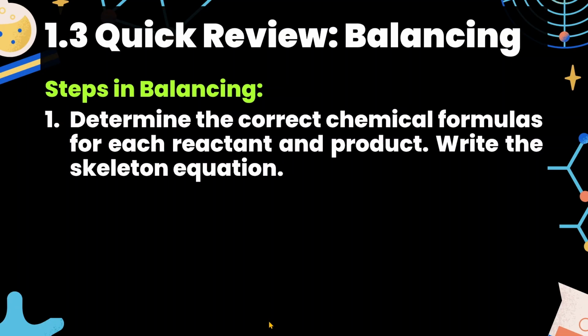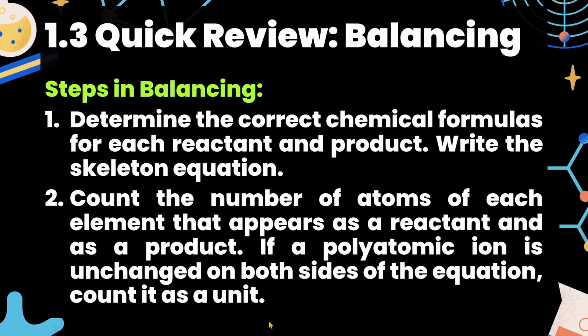Then write the skeleton equation for every reactant and product mentioned in the problem. Next step is to count the number of atoms of each element that appears as a reactant and as a product. If there is a polyatomic ion, meaning a compound composed of many atoms, that is unchanged on both sides of the equation, then you have to count it as a unit.